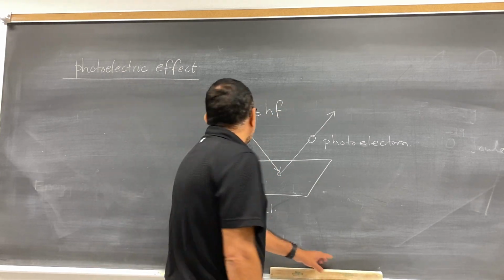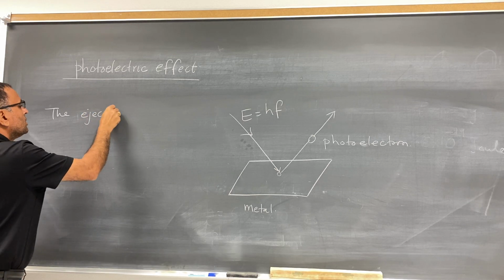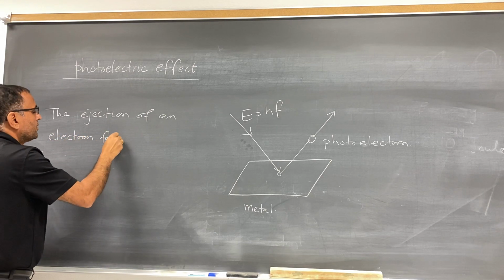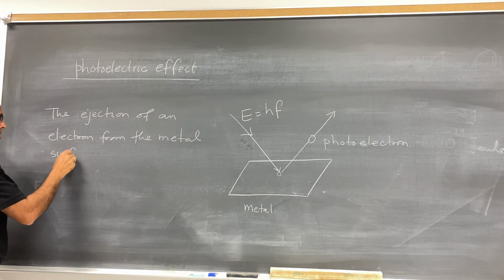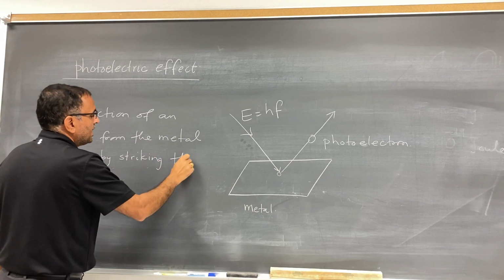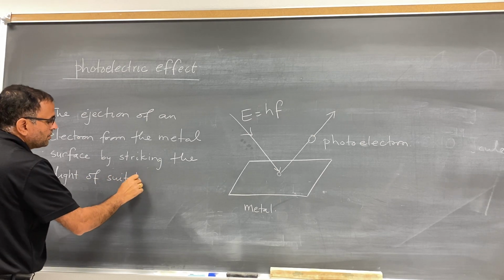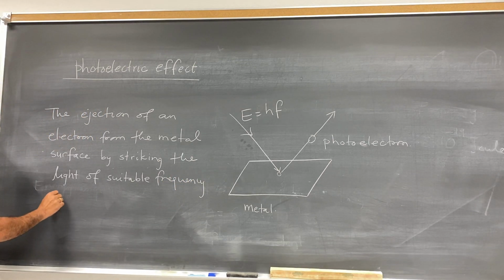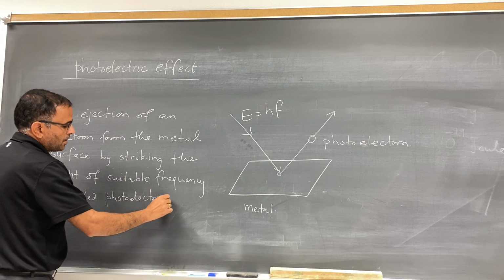I already mentioned this. So you can write: the ejection or emission of an electron from the metal surface by striking the light of suitable frequency, or you can say energy also, is called the photoelectric effect.